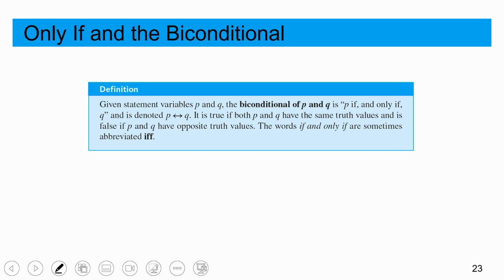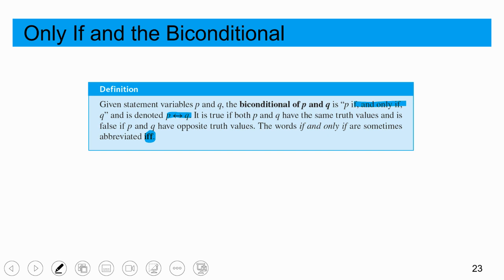Given statement variables P and Q, the biconditional of P and Q, P if and only if Q, is denoted by a double arrow. Okay, if and only if, which is also shorthand IFF. It means that the statement and its converse are both true.